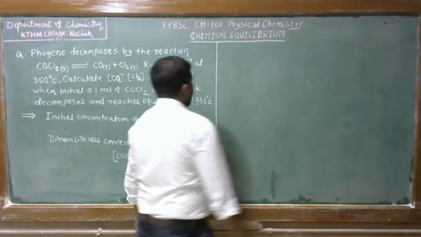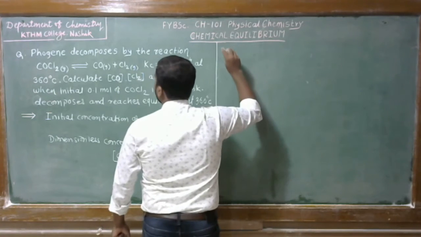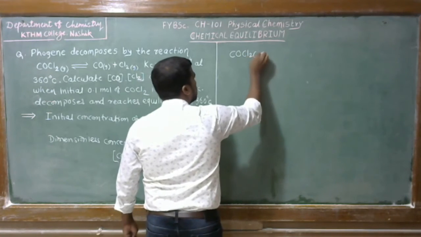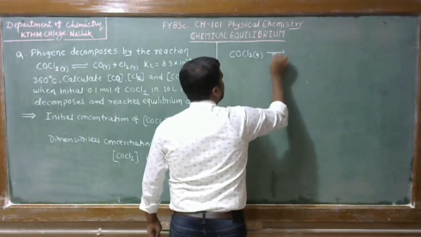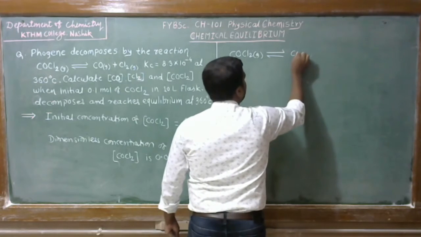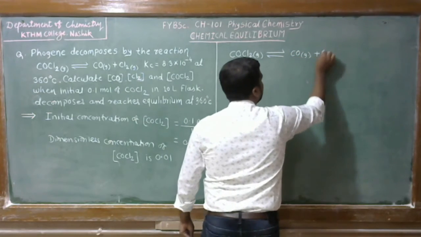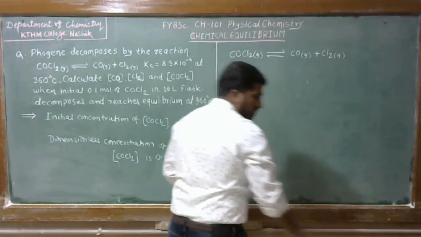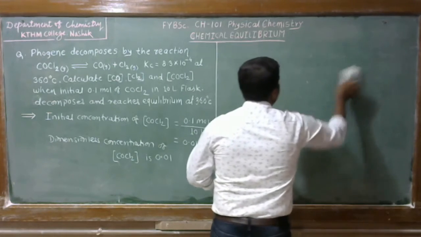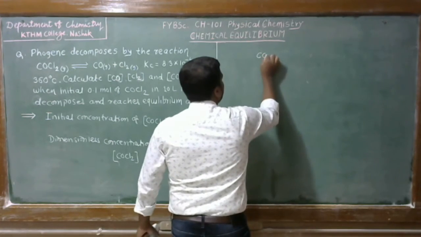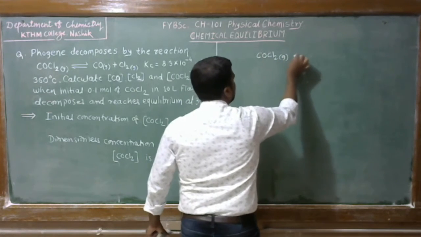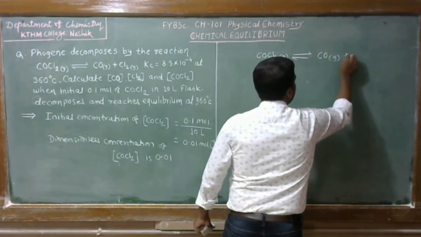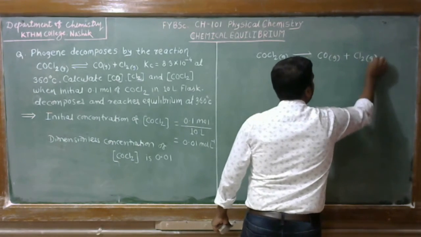Now consider the decomposition of phosgene gas. COCl2 gas decomposes to form CO gas plus Cl2 gas.